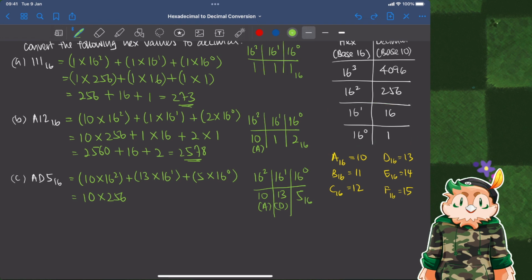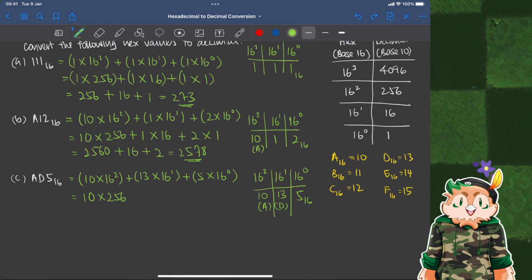But given how it is with your questions, your mileage may vary. I'm only listing up to 16 power 3, but if at any point you need something larger, you can always just multiply each time by 16. That's how the system works with this key right here.